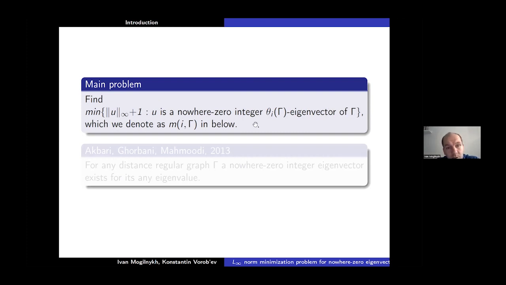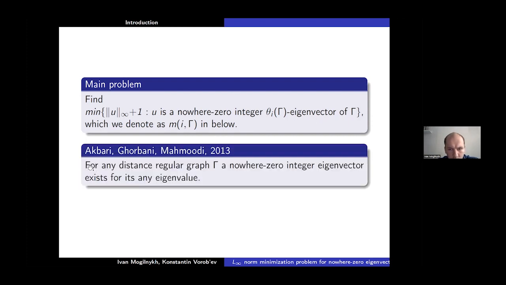We denote this optimal value by m_i(Gamma). Theta_i is the i-th eigenvalue of Gamma. We minimize the norm plus one on all nowhere zero integer eigenvectors corresponding to this eigenvalue. This norm is finite always for a distance-regular graph and for any eigenvalue.